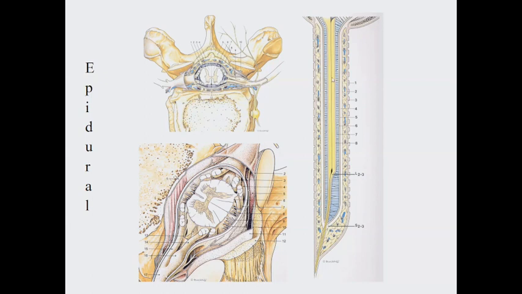Anatomy, I'm sure that you've had anatomy, so you know what the epidural space is. The epidural space is located everywhere from the cervical to the lumbar and sacral region. So epidural block can be done at the cervical, thoracic, lumbar, and sacral level.